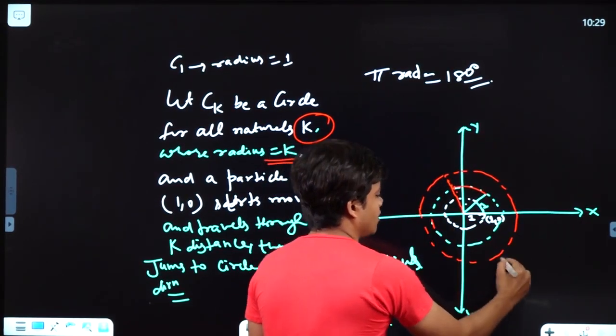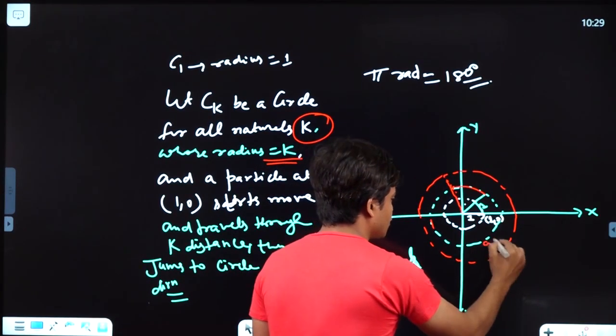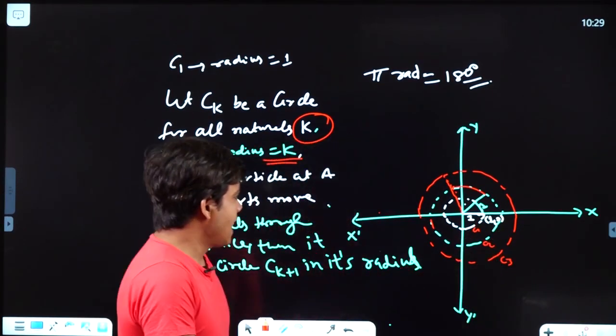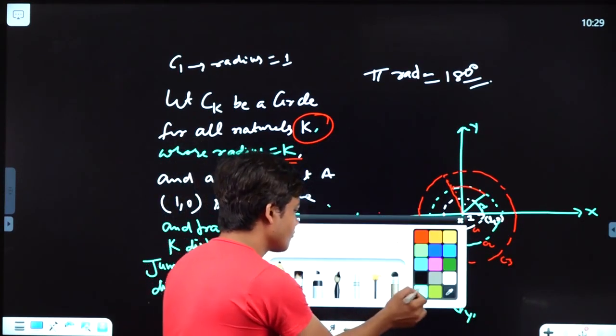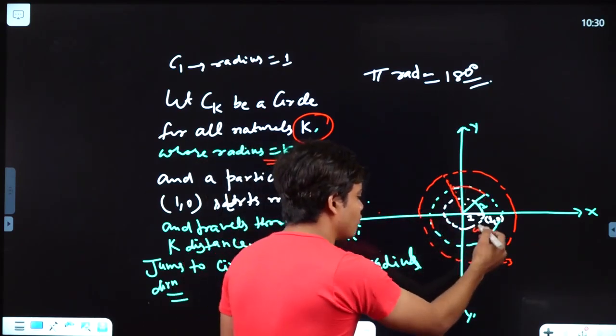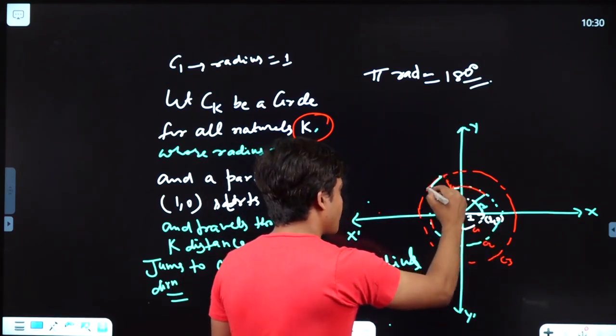This is your C3, this was your C2, this was your C1. And now what will happen? The particle again moves 3 units.